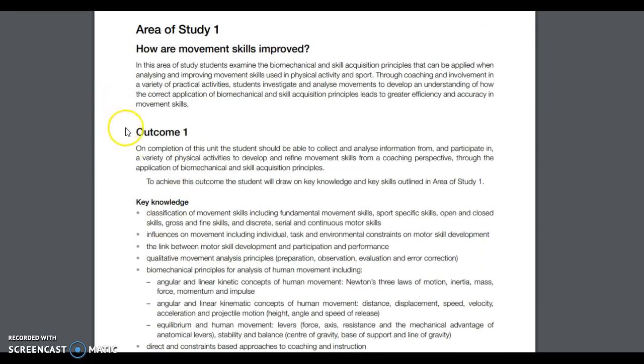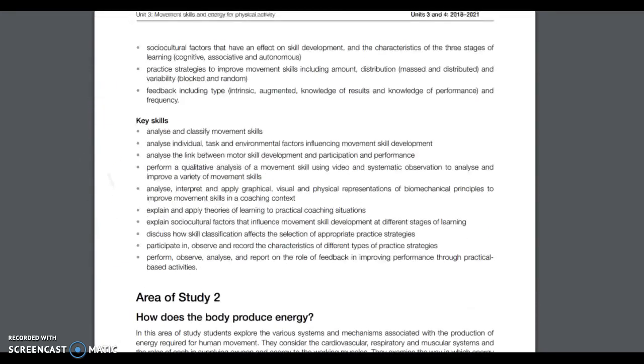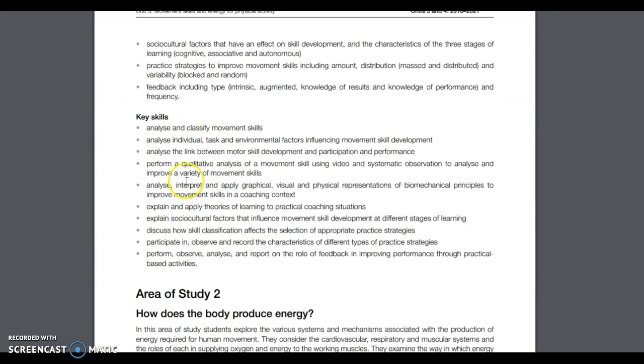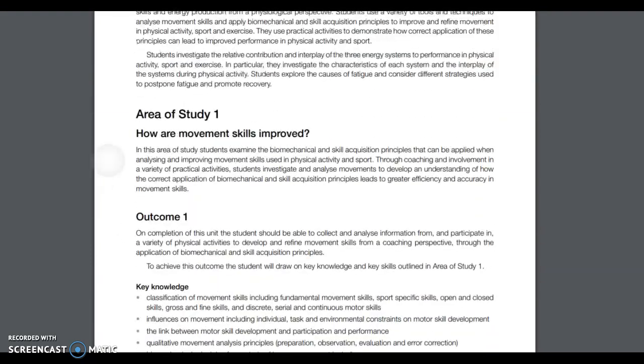You can see there that clearly the outcome 1 is associated with the area of study 1. You have some key knowledge that you need to address and some key skills you need to address. So all of these fall under area of study 1, and that's what you will address if you're doing PE, for an example.